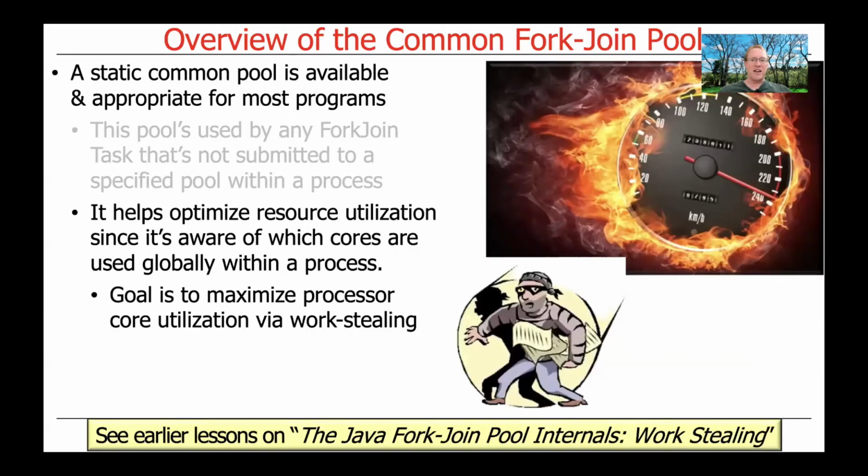And of course, as you recall from our previous discussion of work stealing, this will allow better global utilization of the processor cores because we'll have all the different tasks running in a single common pool, and therefore work stealing will be most effective because all the tasks will be there, and then the threads can be aware of all the different things that they have to run.